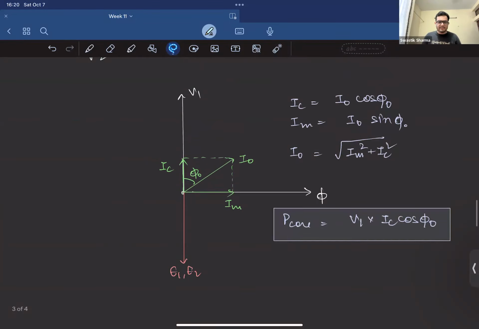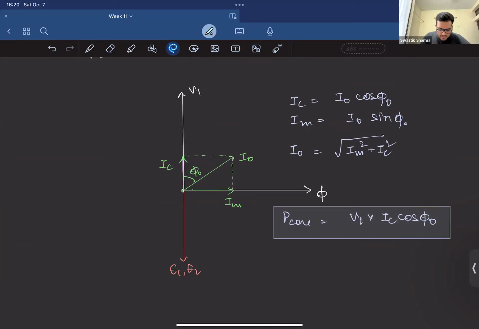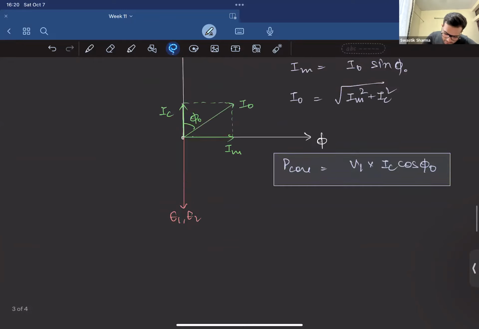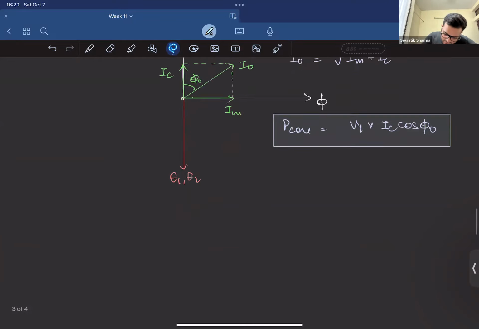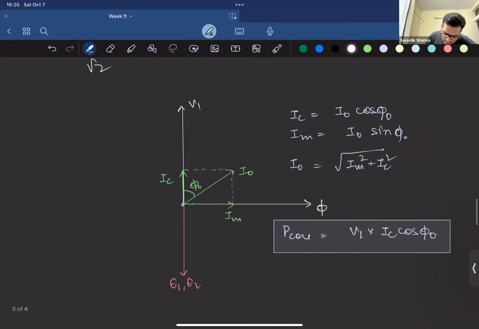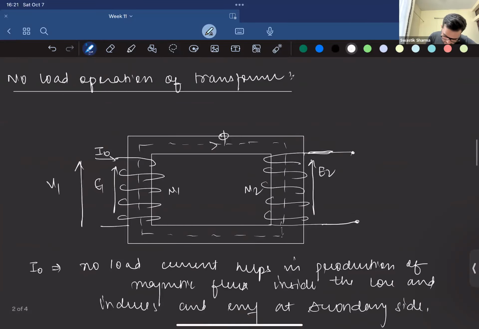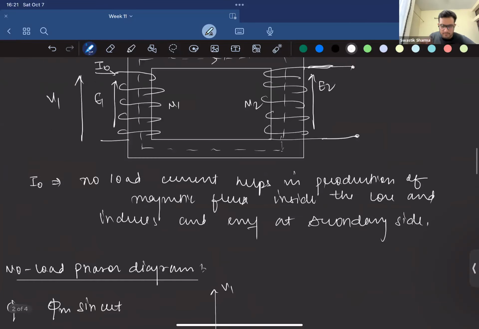Now I told you that this I naught can be decomposed in such a way that it produces both the core losses and the magnetizing effect, the production of flux in the magnetic core, right? So how will it look like if we wrote the circuit like this? The circuit diagram will look something like this.